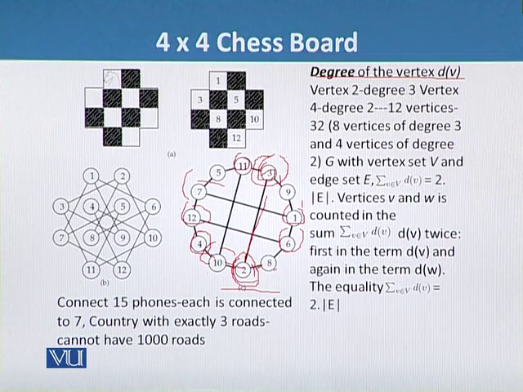So it means that these 8 have a degree of 3, and the remaining 4 vertices have a degree of only 2. So we can see here that there are only 16 edges.